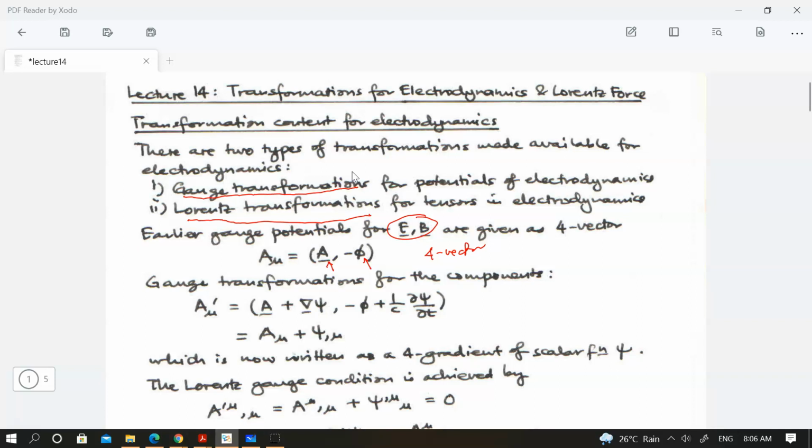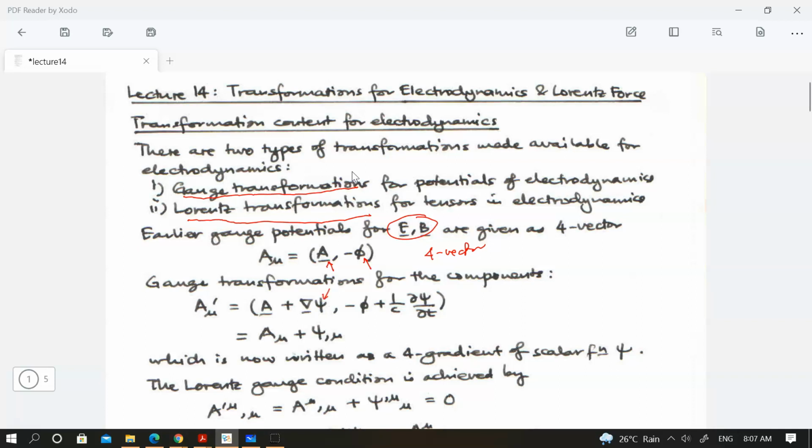So what are the gauge transformations available for the vector potential? You can define it up to a gradient of a scalar, scalar being psi over here.